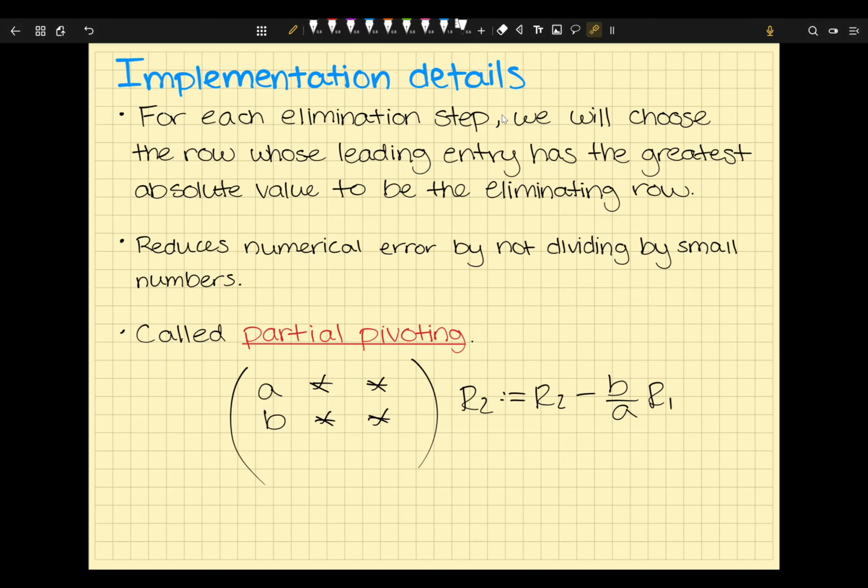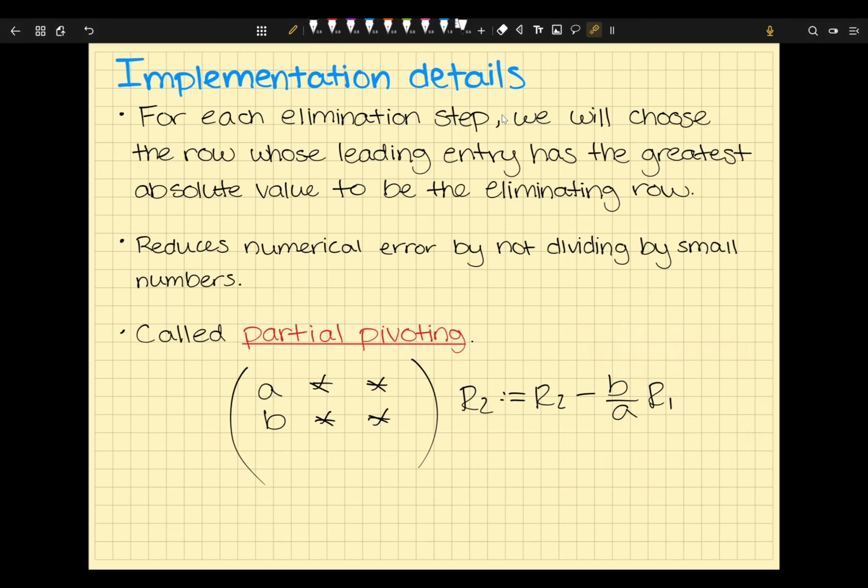And what happens is if a is a really small number, we actually introduce a lot of numerical error. So if b is like 800 and we divide it by some really small number, this sort of operation is prone to numerical error.